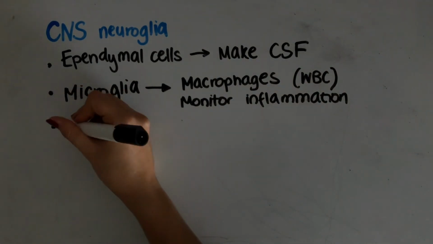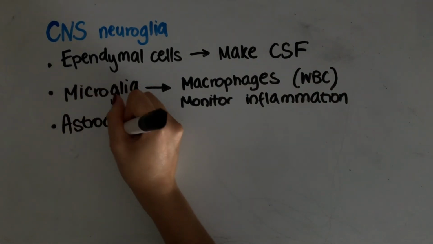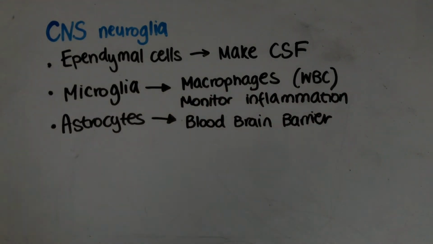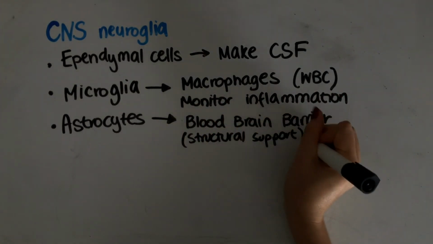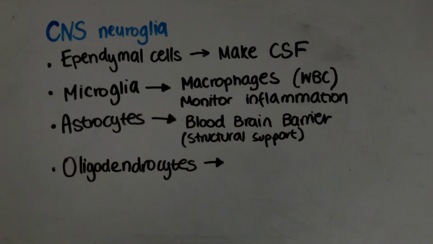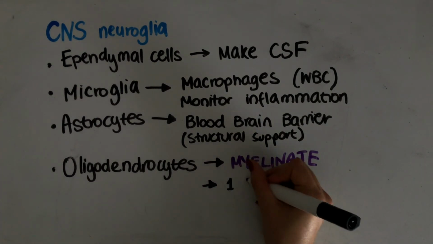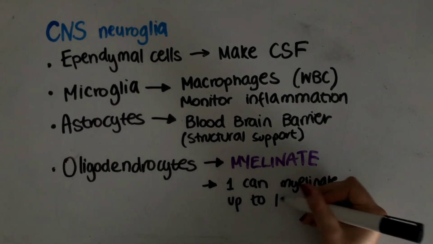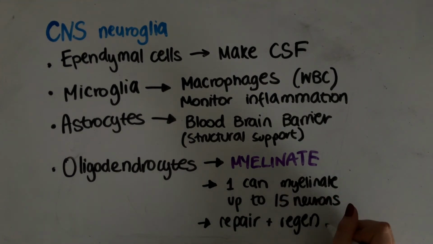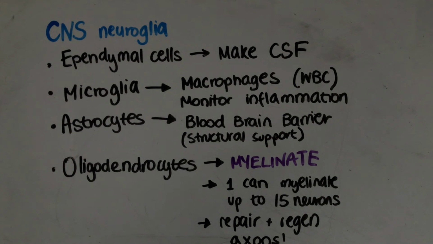Your astrocytes are structural support, so they create the blood-brain barrier, and they maintain homeostasis as well. And then the oligodendrocytes, which are my favorite, produce myelin in the central nervous system. They basically myelinate the neurons, and one can myelinate up to 15 neurons, so it's pretty cool. And they repair and regenerate axons.